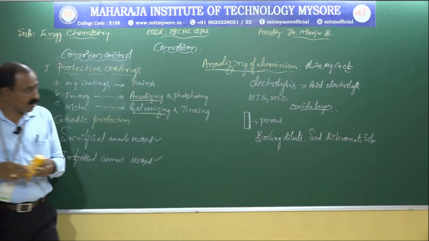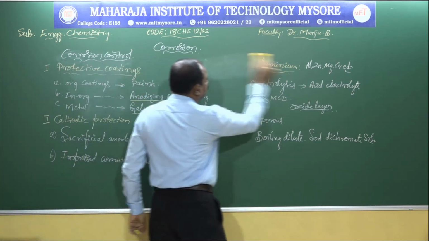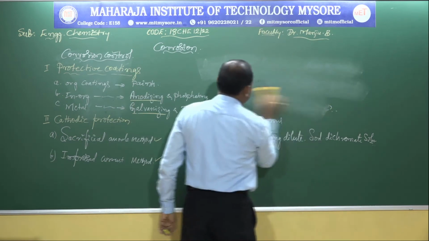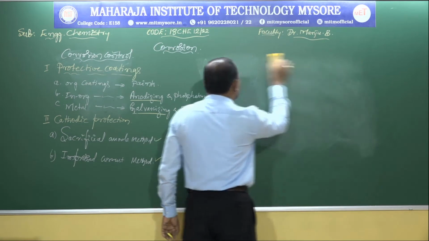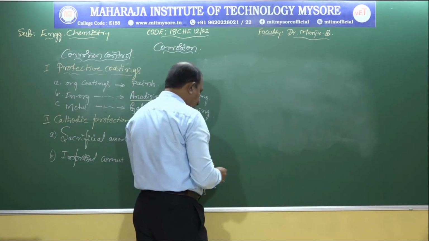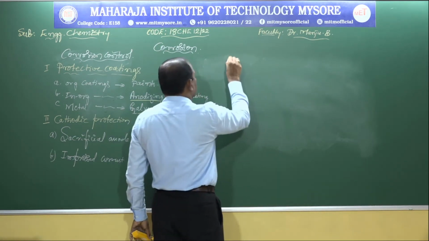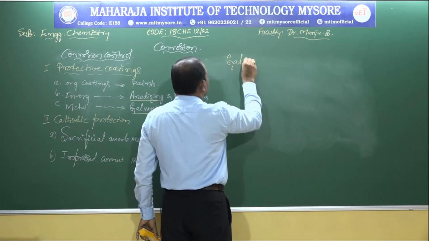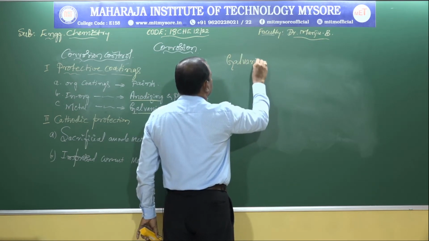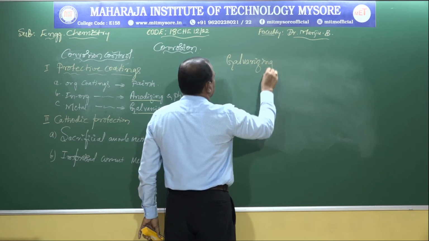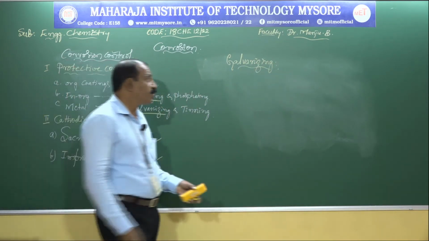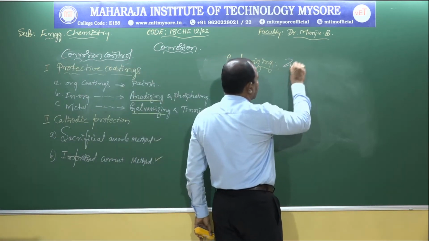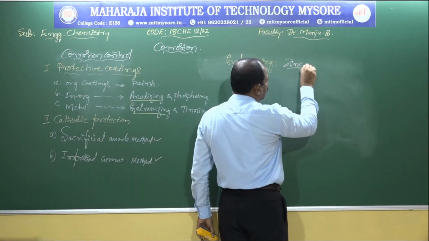Okay. Then I go for galvanizing. Galvanizing is the process of coating pure zinc metal on the surface of the base metal.